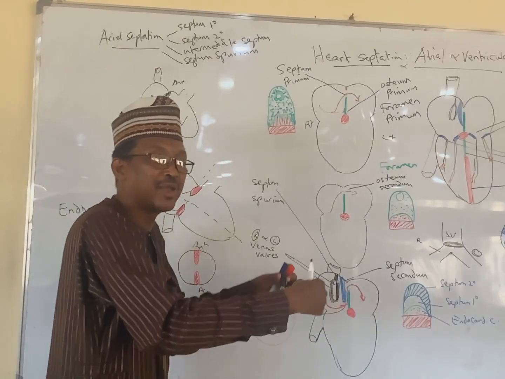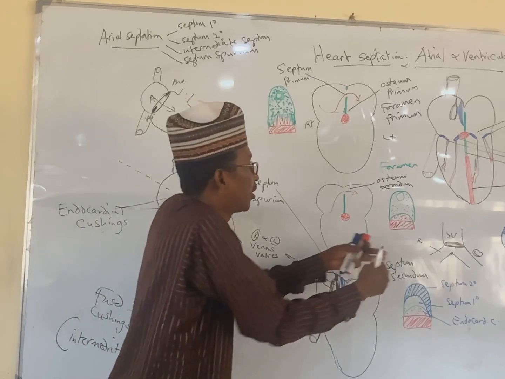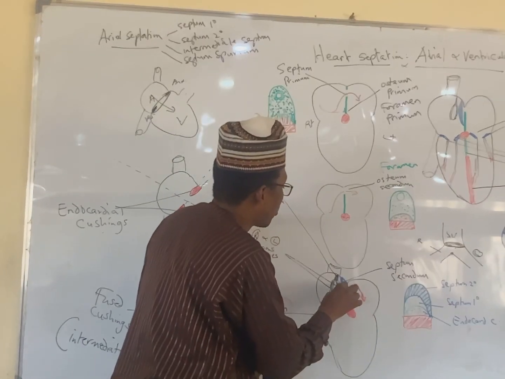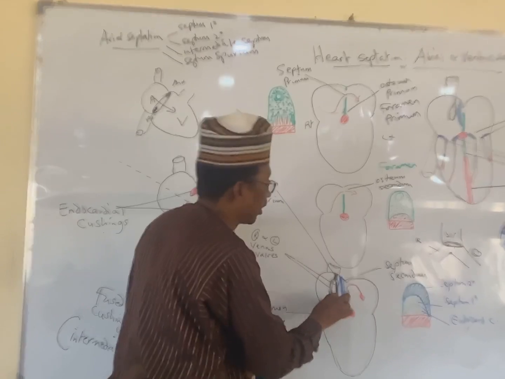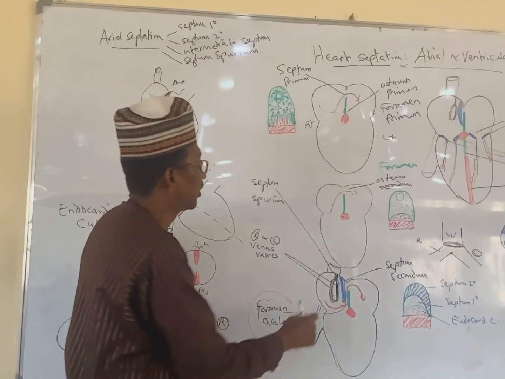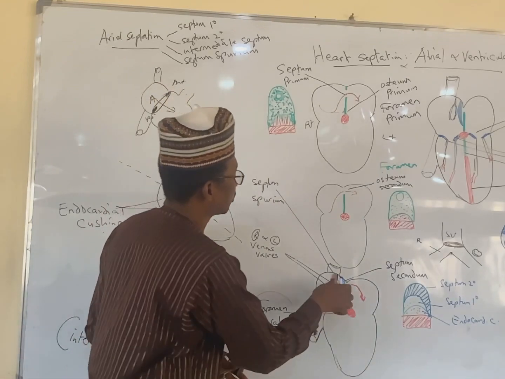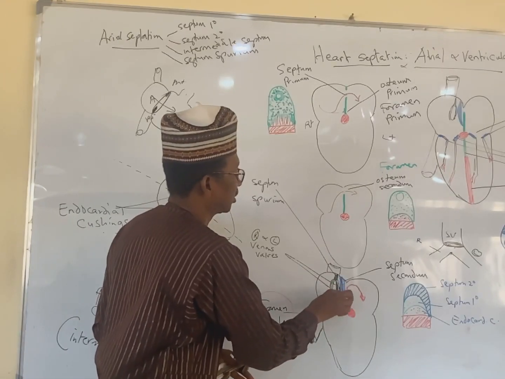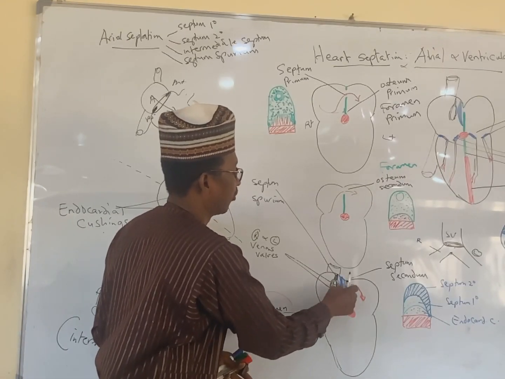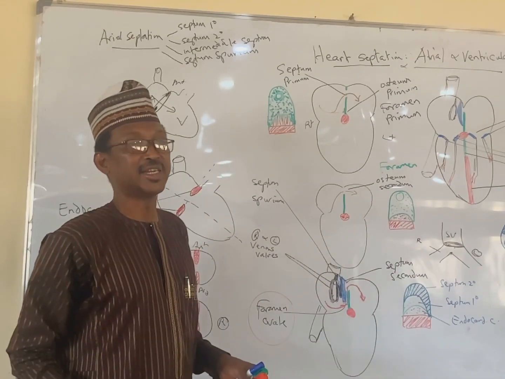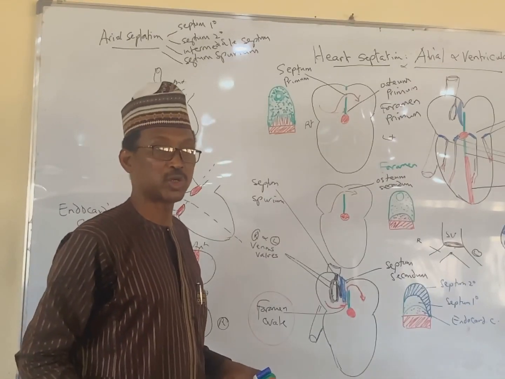So they form something like a valve, venous valves, so that you have one on the left side, you have one on the right side. This left venous valve also contributes to the septation of this interatrial septation we're talking about.